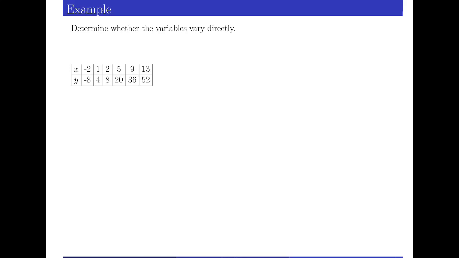One other thing that we could do with direct variation is, given some values, some relationship between an x and y, so maybe we have some sort of data that we've collected, we could determine whether these vary directly, whether they have a direct variation relationship or not. So what we need to do is look at all of these pairings of x and y, and decide if they fit the form y equals ax. We're trying to see if this constant is always the same for each of these pairs of x and y.